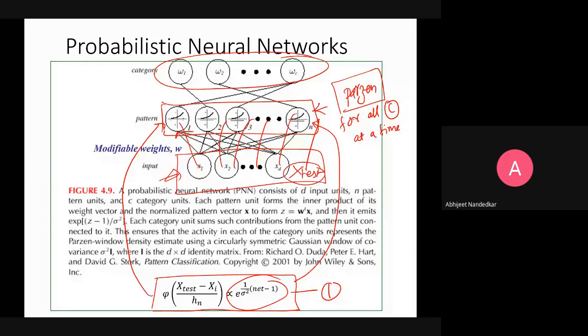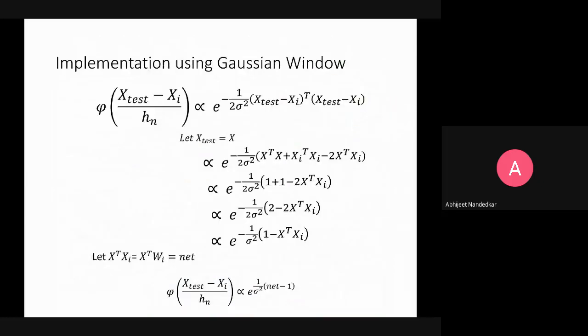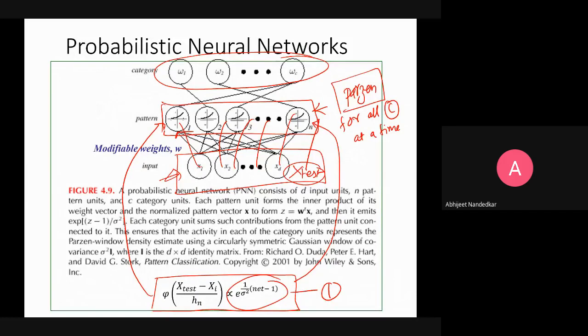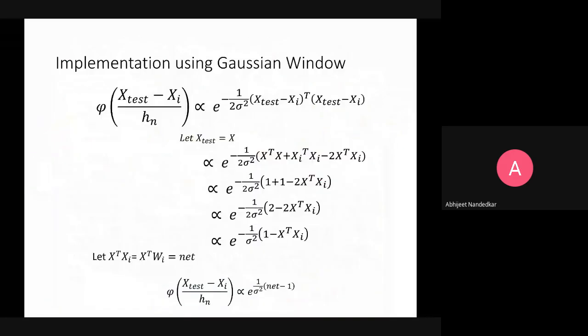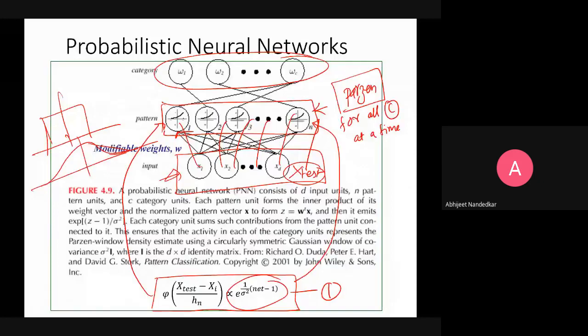Now we assume that we are using a window which is a normal distribution kind of window, or a Gaussian window. Instead of the pure rectangular window that we have seen earlier, now I am proposing to use a normal distribution window. So all these pattern nodes will implement a normal distribution window.